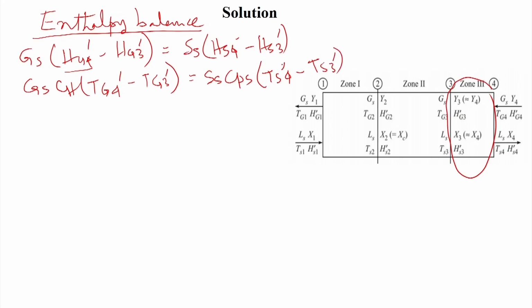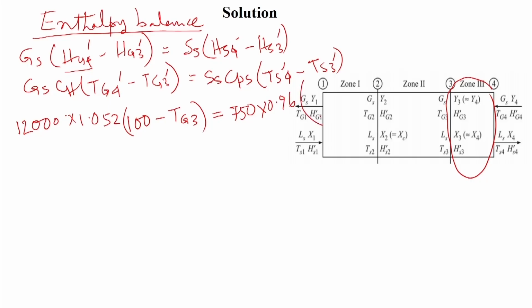So, here Gs is 12,000, Ch is 1.052, Tg4 is given already as 100 degree Celsius, and Tg3 is what we want. Ss is given as 750, Cps is given as 0.96, Ts4 is given as 60 and Ts3 is given as 40.